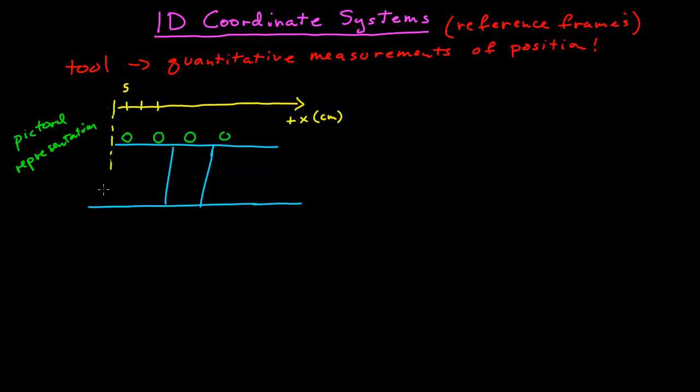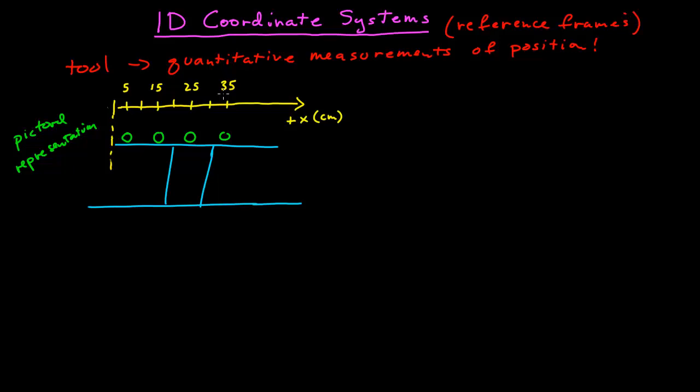Given this coordinate system where my zero was at the edge of the table, the ball was at 5 centimeters when it started, and 15 centimeters 1 second later, 25 centimeters 1 second after that, then 35 centimeters 3 seconds after it started.